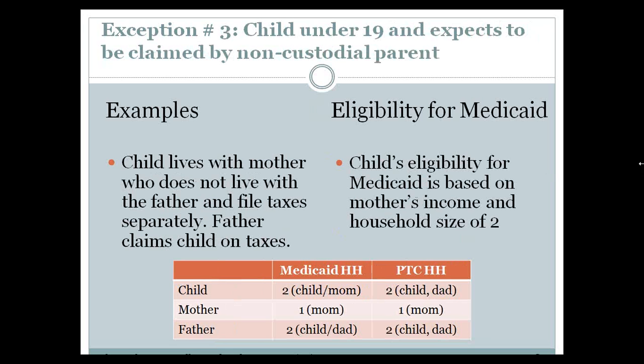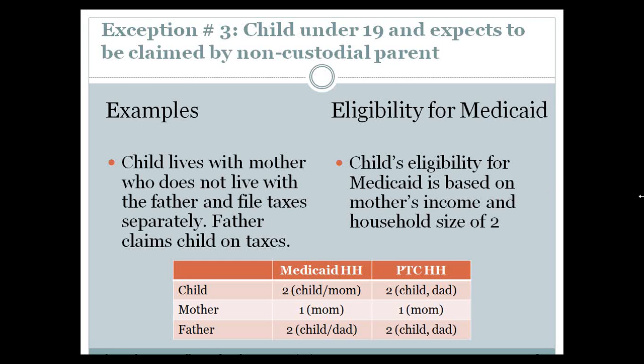And then exception 3 would be a child under 19 who expects to be claimed by a non-custodial parent. So the child lives with the mother, who does not live with the father and files taxes separately, and the father claims the child on his taxes.